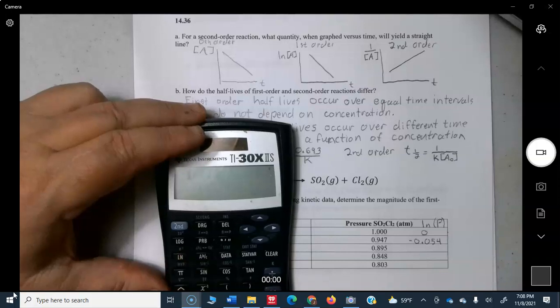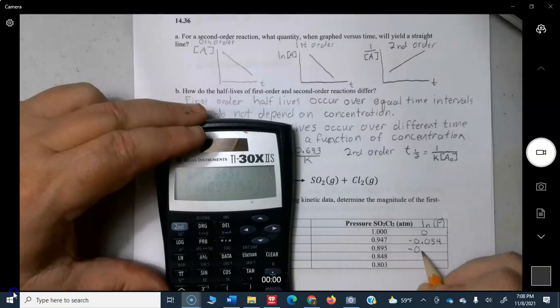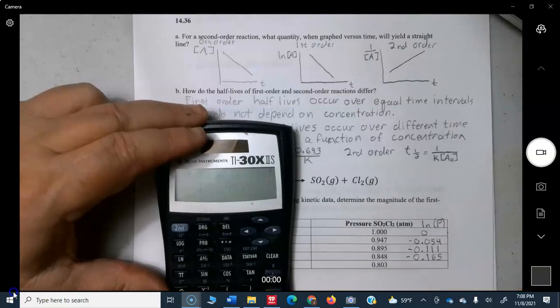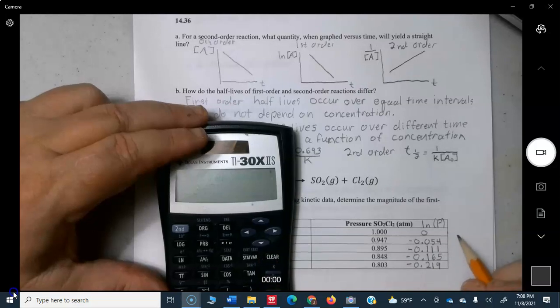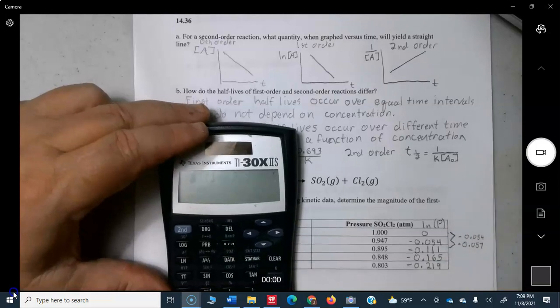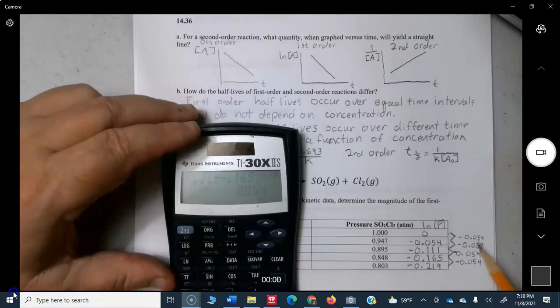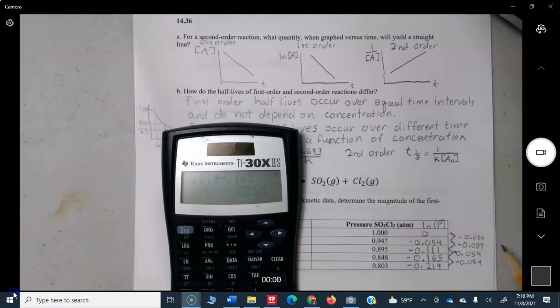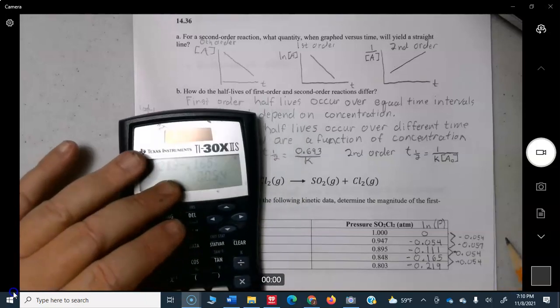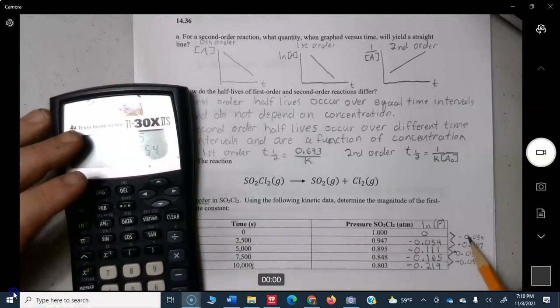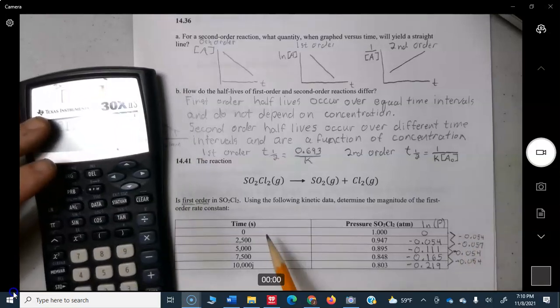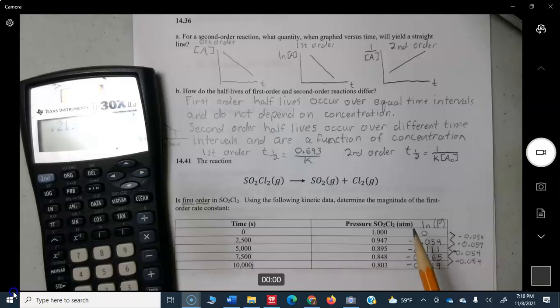Natural log of 0.895 is going to give us... okay, now we're going to take differences. So we'll just subtract these two. You can see, with just one little exception, everything's about 0.054. That one's a little bit off, but that'll happen in the real world. It won't be exact. So that means when you take the natural log, you get a straight line. All the differences are the same, which means you're going to get a straight line.